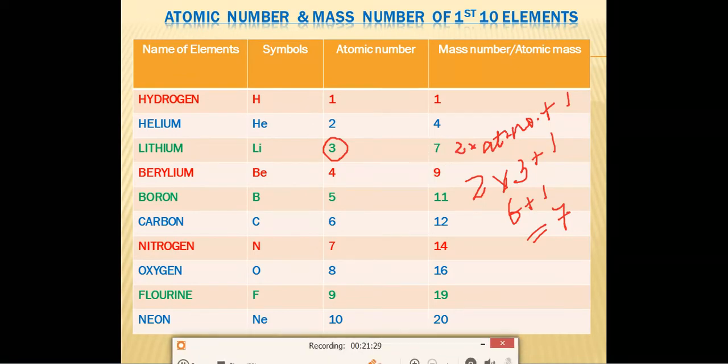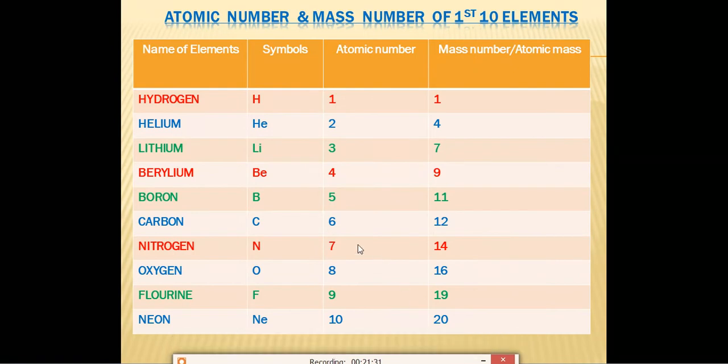Next one is beryllium. Beryllium has atomic number 4. As I have written 4 in red color, it is the exceptional case. It has an even atomic number, but for beryllium we will use just the opposite rule. That is, the formula we use for odd atomic number, that formula we will use for beryllium. You have to remember, beryllium is an exceptional case. So we'll use this formula: 2 into atomic number plus 1.